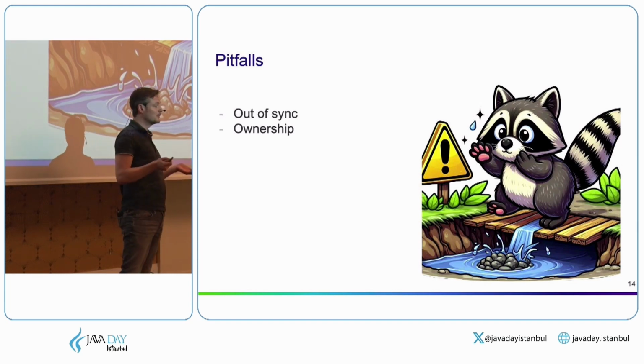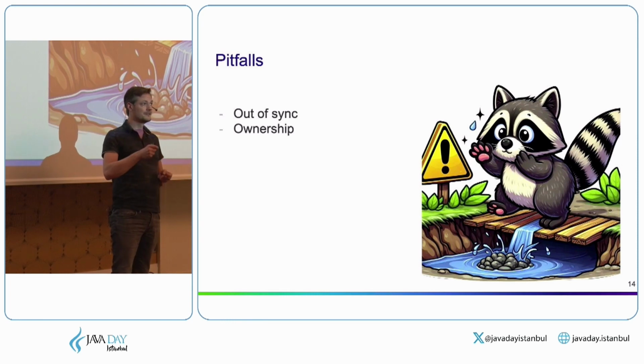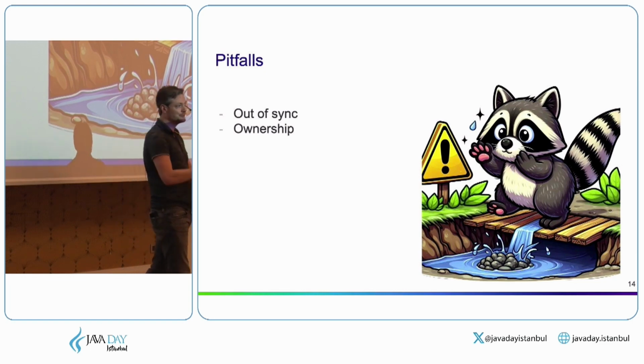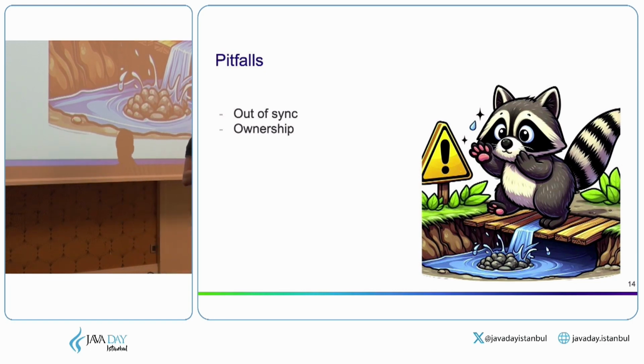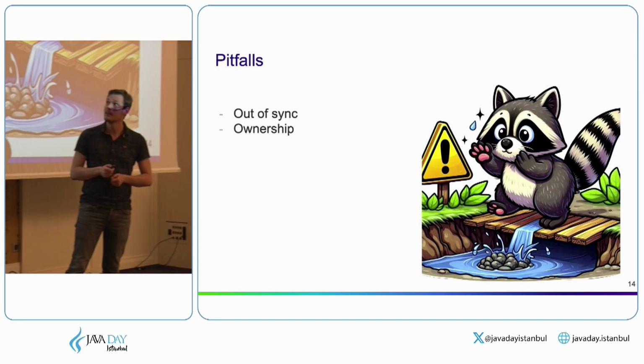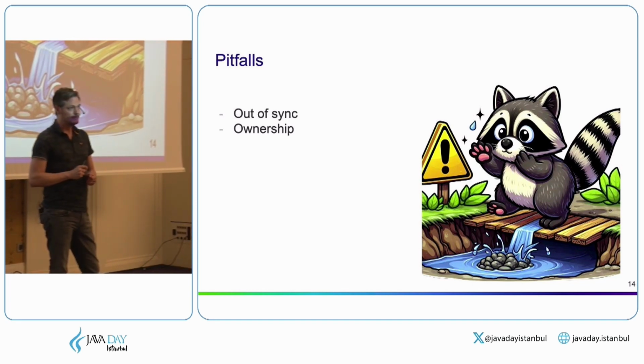Luckily, this was easily fixable. Maybe you're familiar with the saying, have you tried turning it off and on again? Well, basically, that's all you have to do. If you restart the operator, it will resync with the cluster, and everything is OK again. So if you have these kinds of operators, just make sure you turn them off and on again, or programmatically do that. And the other one is ownership.